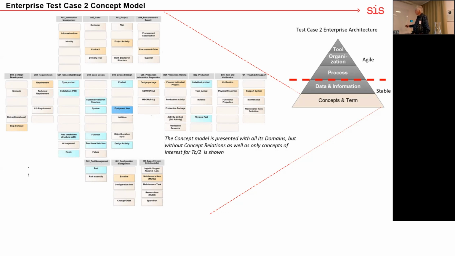But the foundation is, if we do not have control over our concepts and terms, we have no control over the data and information. And if we do not have control over the data and information, the process is not working very well, because they work with the wrong information and data, and maybe even not accessible.